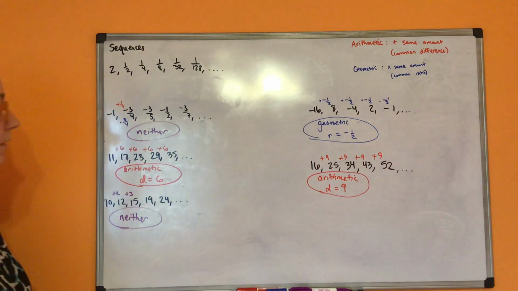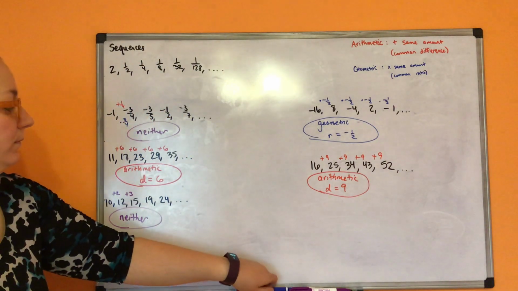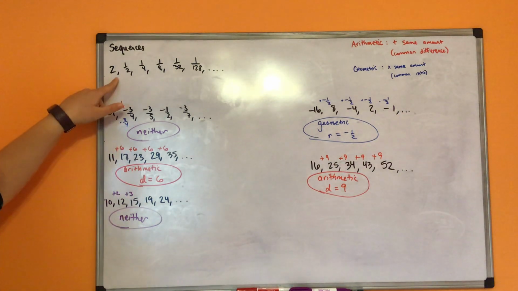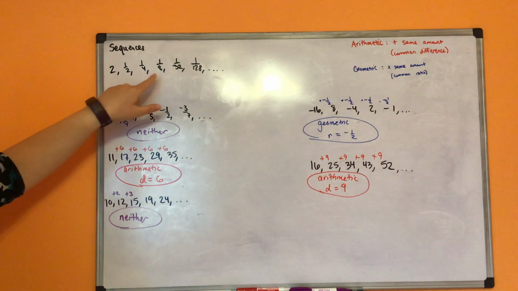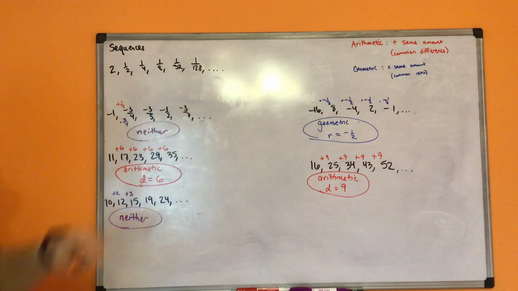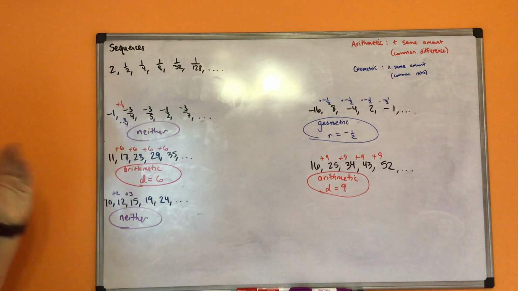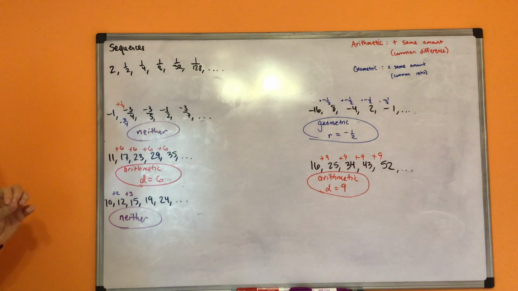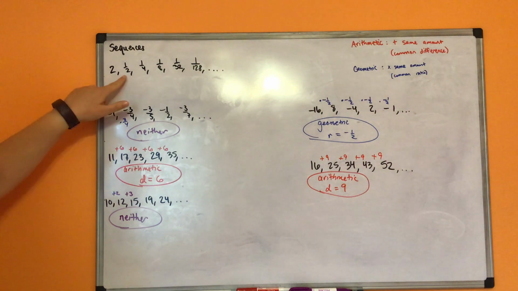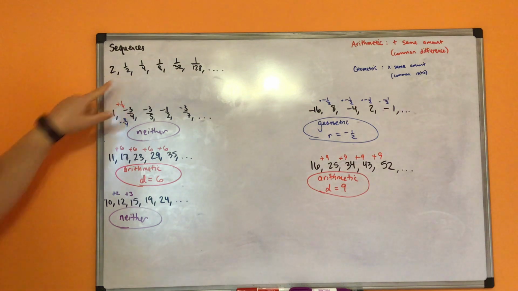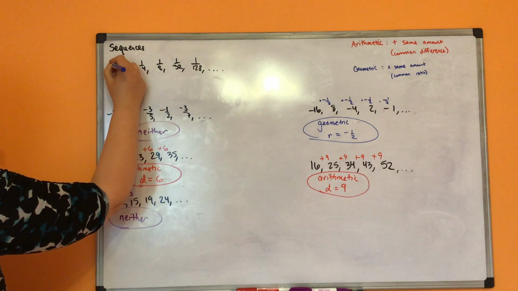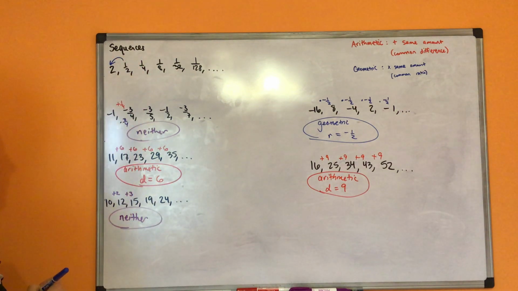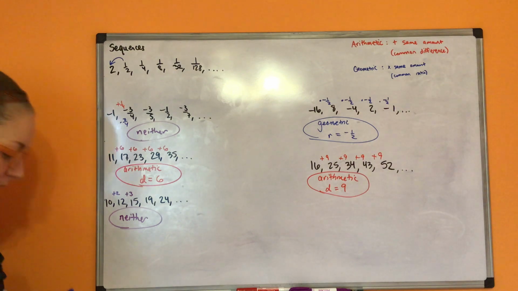All right, last one we're going to look at. It doesn't look like we're adding the same amount every time. It does look like there's a pattern in the bottom numbers of our fractions, which means we're multiplying by some sort of fractional amount. The way you can check this is you can work backwards. If I do this number divided by this number, it'll help tell me what my fraction is.